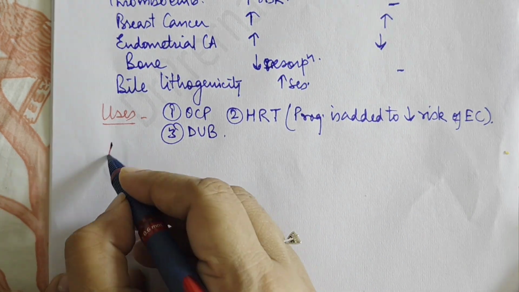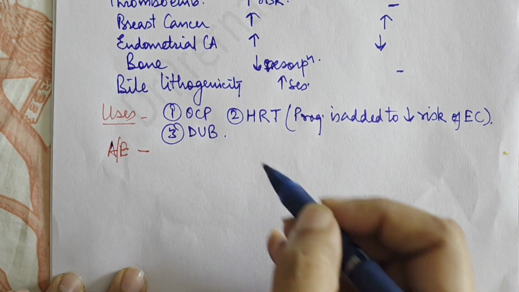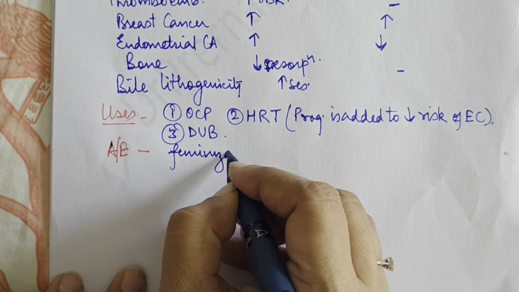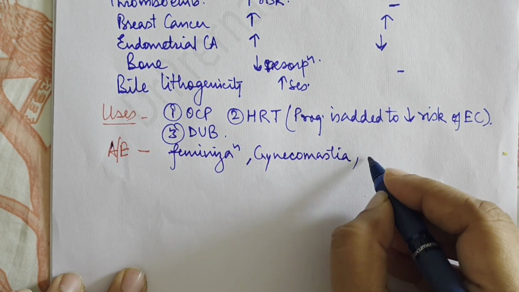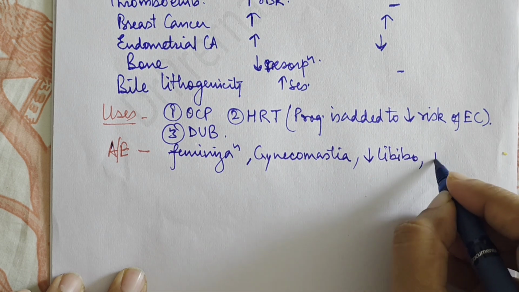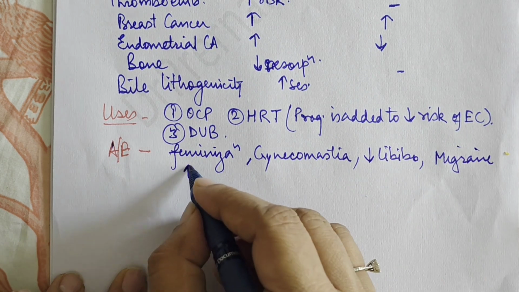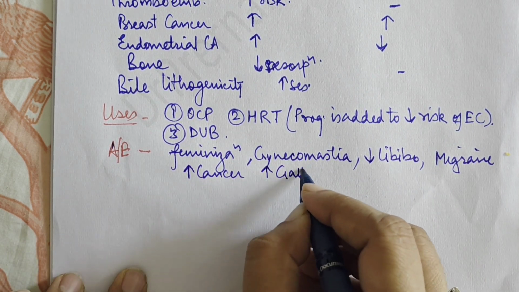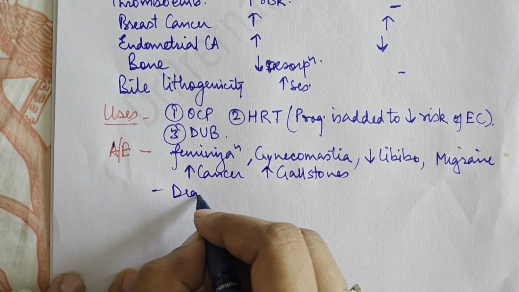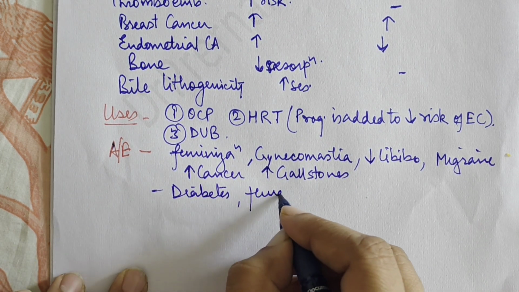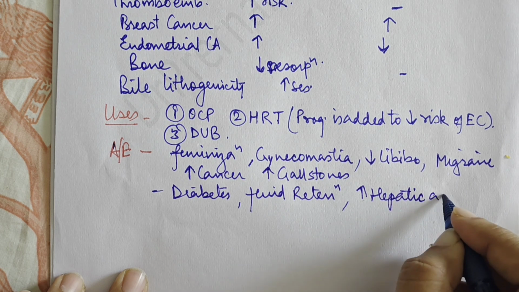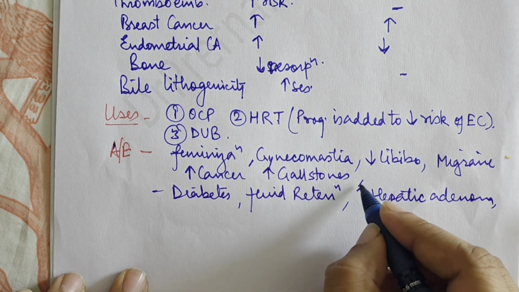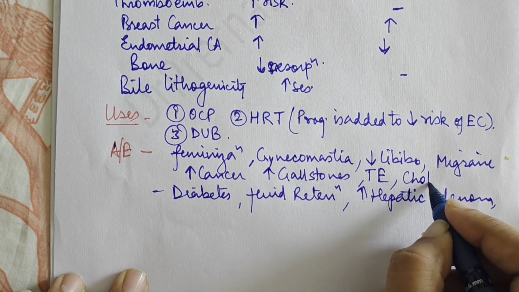Now let us see the adverse effects of estrogen. If given at a young age, they can result in feminization, closure of epiphysis, gynecomastia in males, and decreased libido. They can also cause migraine, increased risk of cancer, and increased risk of gallstones. They cause diabetes, fluid retention, increased risk of hepatic adenoma, thromboembolism, and cholelithiasis.